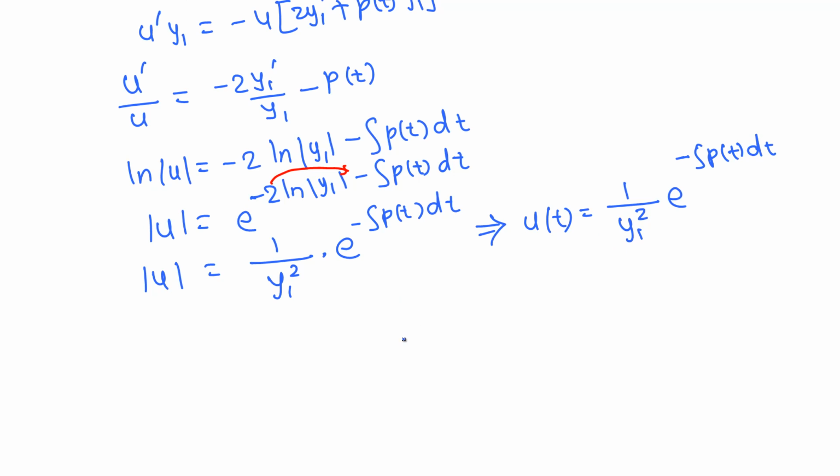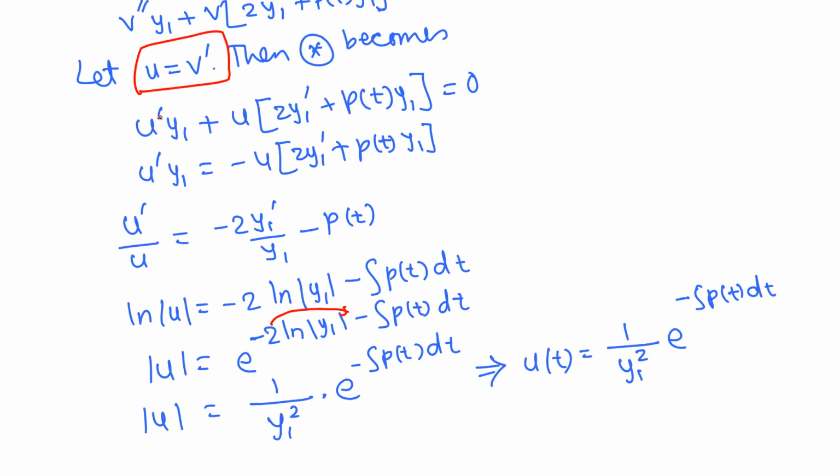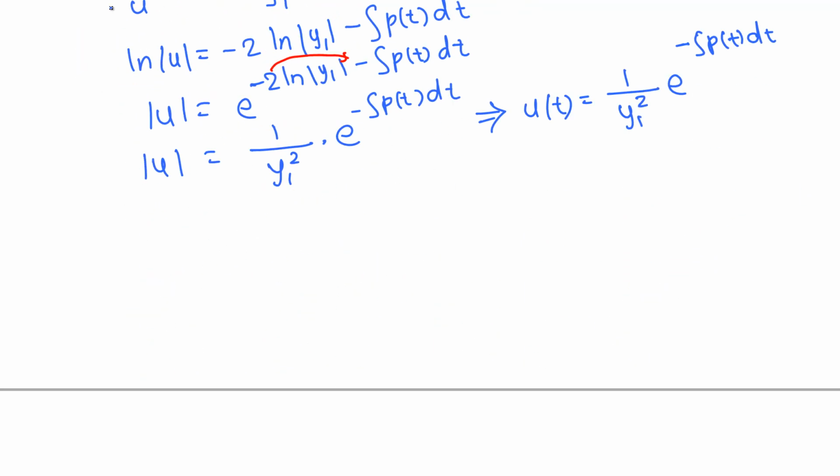Okay, now with this u, if we go back here, that's v prime. So u means v prime is this, 1 over y1 squared times e raised to negative integral of p(t) dt. Then we can integrate both sides with respect to time t.